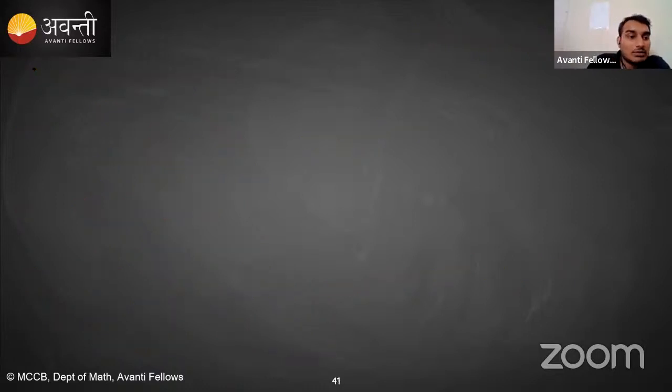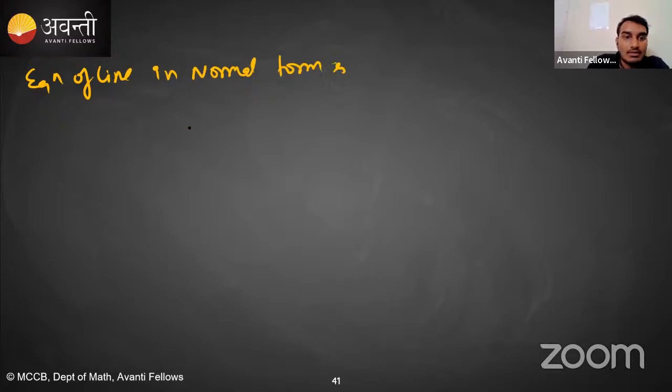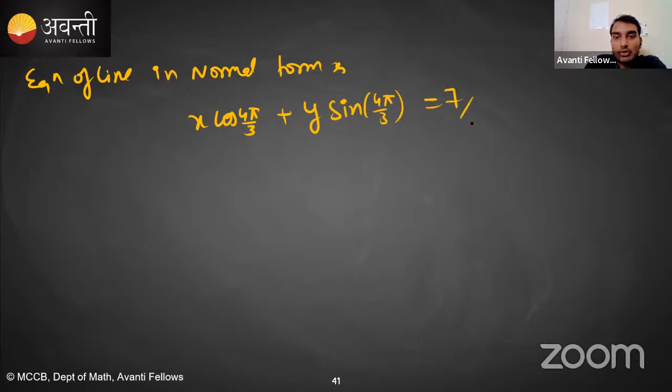So it means equation of line क्या आ गया? Equation of line in normal form is x into cos 4 pi by 3 plus y into sin 4 pi by 3 is equal to 7 by 2.